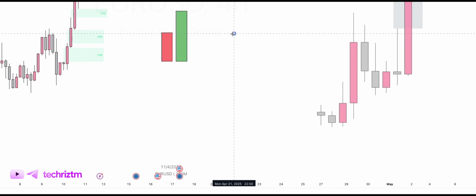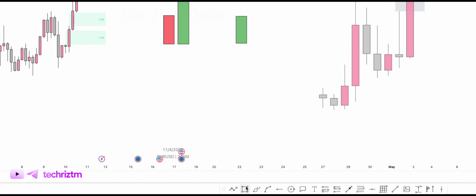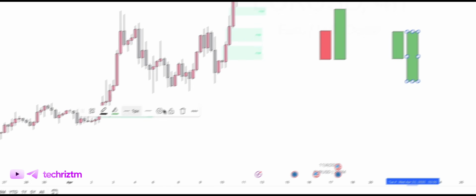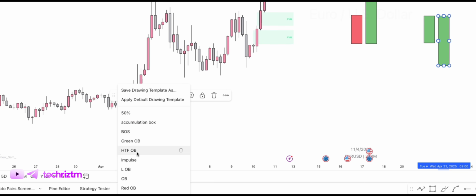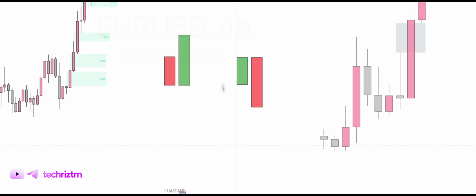We have a bullish engulfing. That first candlestick pattern I just drew is a bullish engulfing. By the word engulfing, you already get what I mean. It means that the bullish candle engulfed the previous bearish candle. Now this next one is a bearish engulfing.